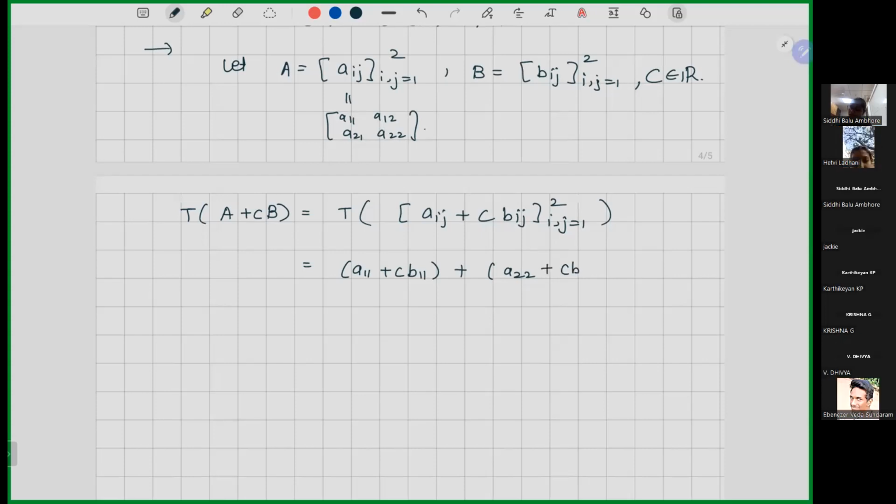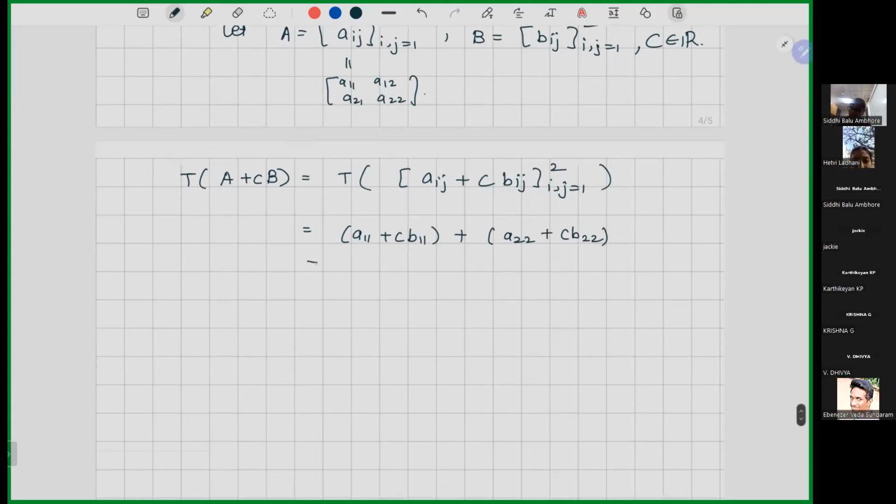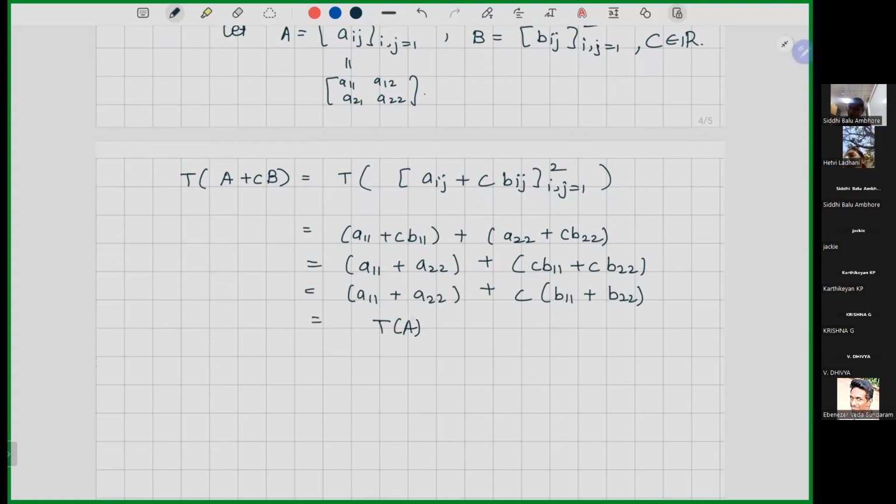Let me just shuffle them here itself. So I will get a11 plus a22 plus c b11 plus c b22, and this will give me a11 plus a22 plus c(b11 + b22), and this is what? Trace of A plus c times trace of B, which is nothing but our T of A plus c T of B. So this is what we needed.